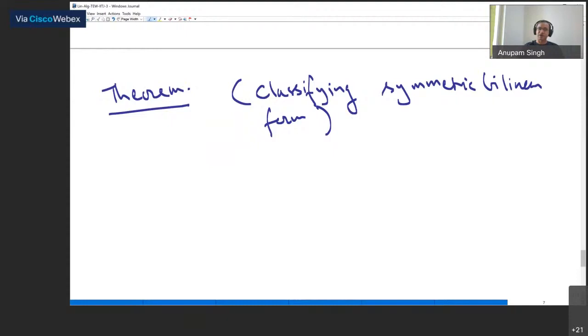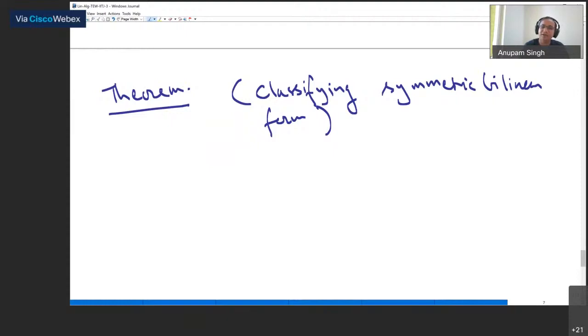Even over R, there are matrices for which there is no eigenvalue, so you cannot write them in that nice form, and then you need to involve some more complicated ways of writing that. So a lot of things start depending on what kind of field you are working with, and the same thing happens here. Classifying symmetric bilinear forms highly depends on the field.